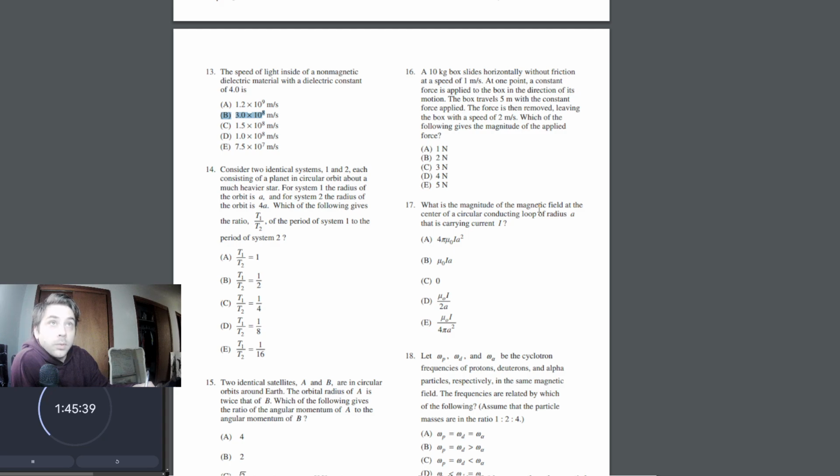Accelerated 1 meter per second. Acceleration increased by 0.2.